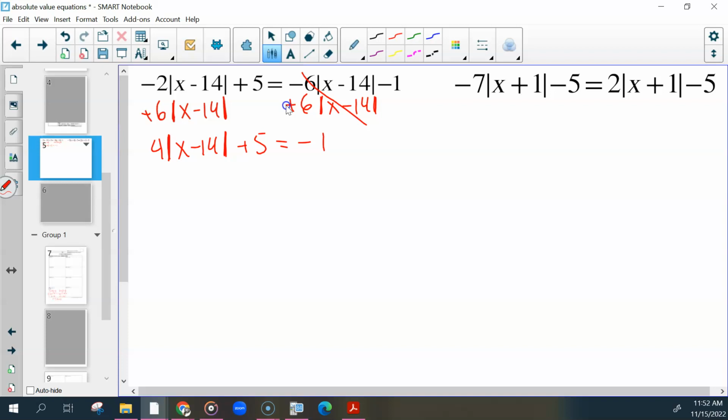So then we would be adding 7 over. This entire thing would cancel, just leaving -5. This would be 5 times x plus 1 in the absolute value, minus 5. I'm sorry, that's not 5, that's 9.